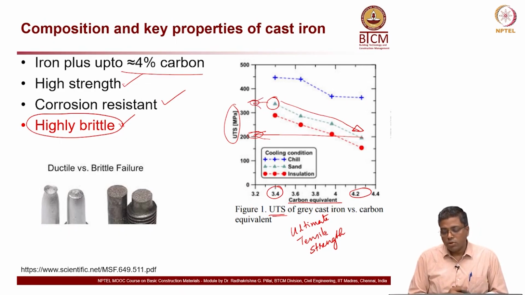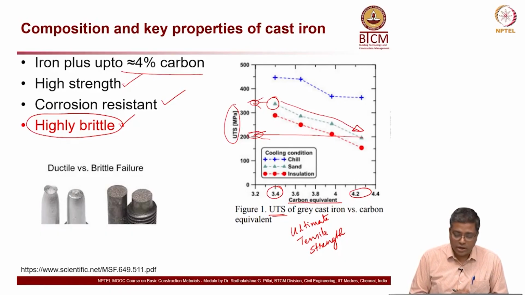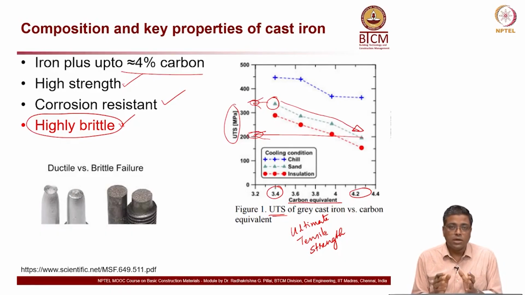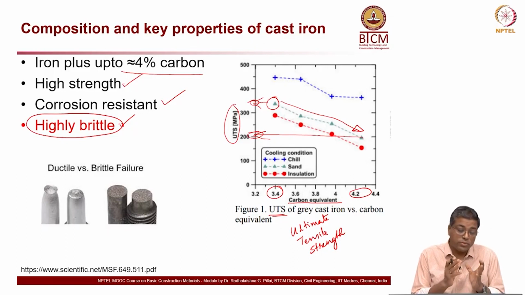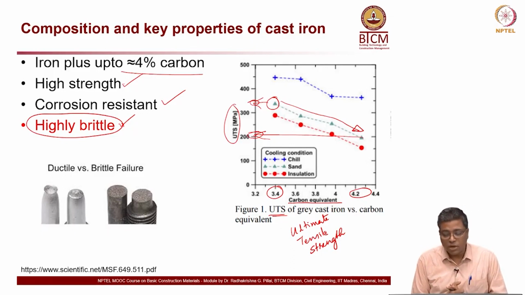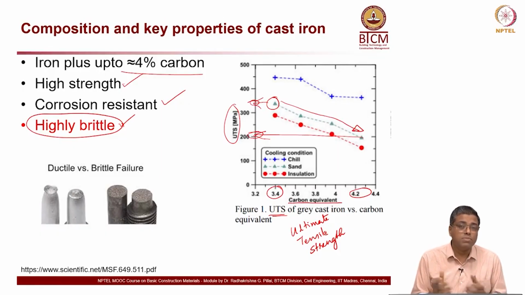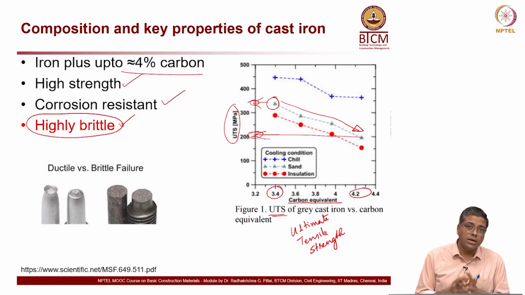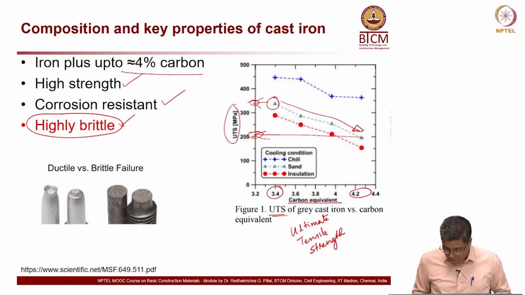So, about 150 megapascal reduction in strength when you increase the carbon content from 3.4 to 4.2, a 0.8% difference. It is a very small variation, but it has a huge impact on the strength properties. That is where metallurgists have to be very careful in controlling the composition.